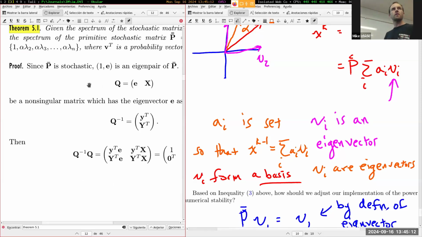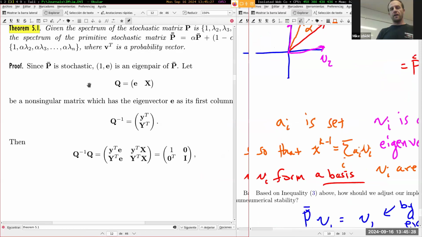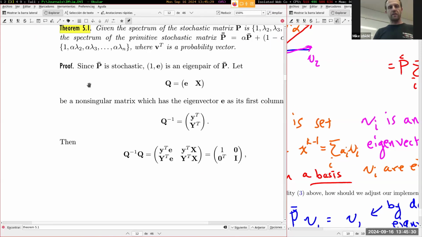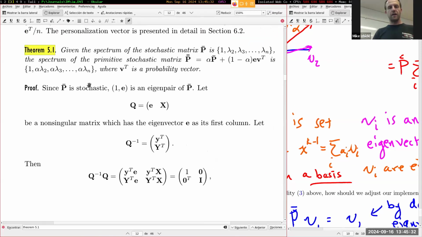Yes, question? I wanted to ask how this relates to the definition of primitivity. So the question here is, how does this relate to the definition of primitivity? And this is also specifically one of the things that was asked in those issues.